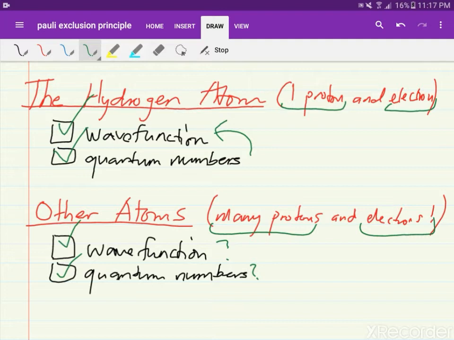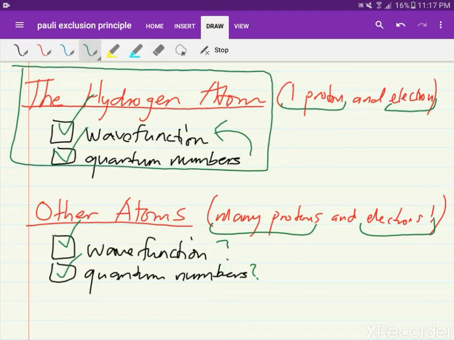But it turns out that this isn't a simple task, and solving the hydrogen atom itself is already a hard task. So how do we even approach many electron atoms?